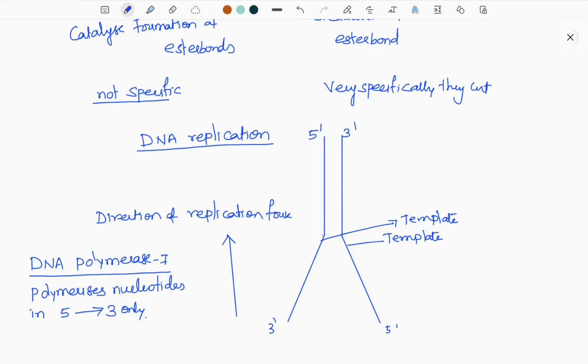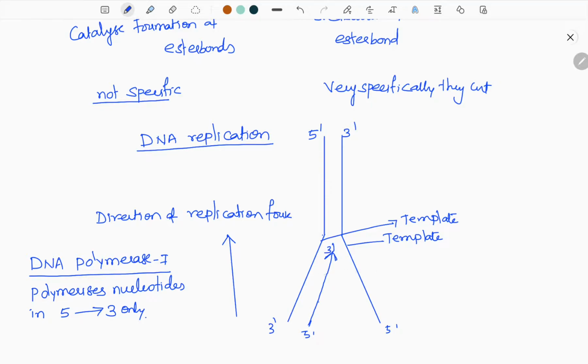So let us see how the new strands are formed. This is the old strand, and the fork is also opening in the same direction. So the new strand will start forming here, and it will move upwards the way the fork is opened. So this is called the new strand. This strand is continuously formed in the 5 to 3 direction, complementary to the old template strand.